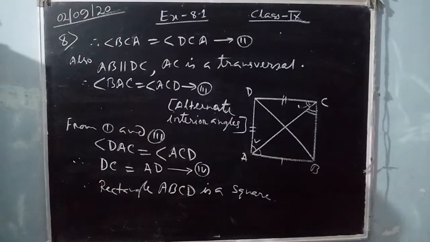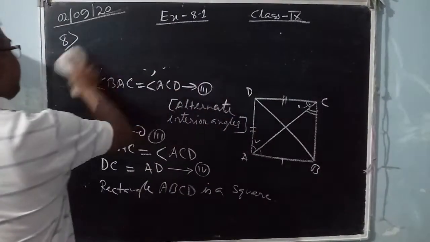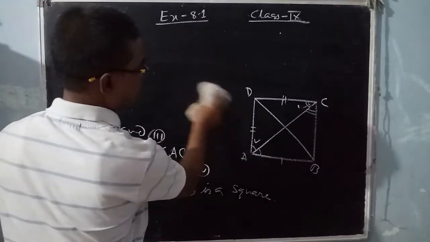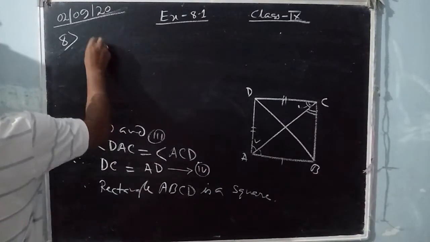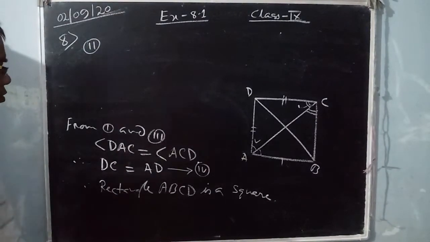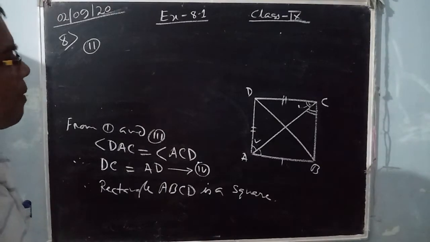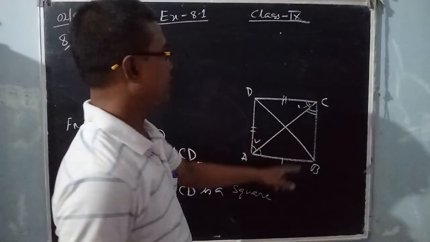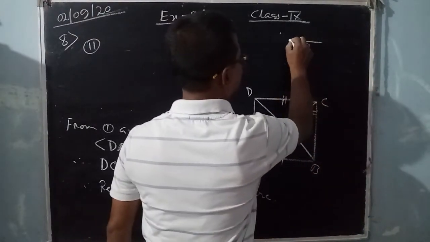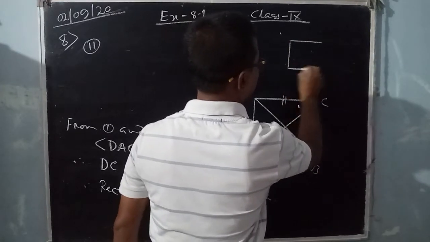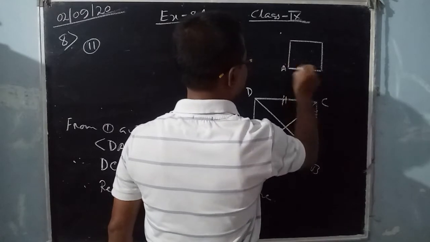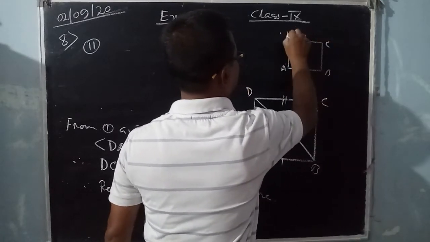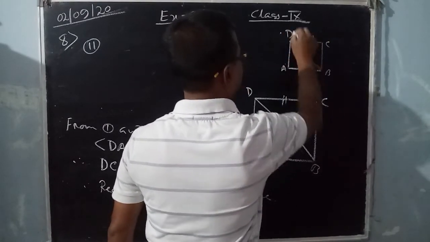So what to do? Diagonal BD bisects angle B as well as angle D, number 2. Consider this figure, this is A, B, C, D, and diagonal BD.